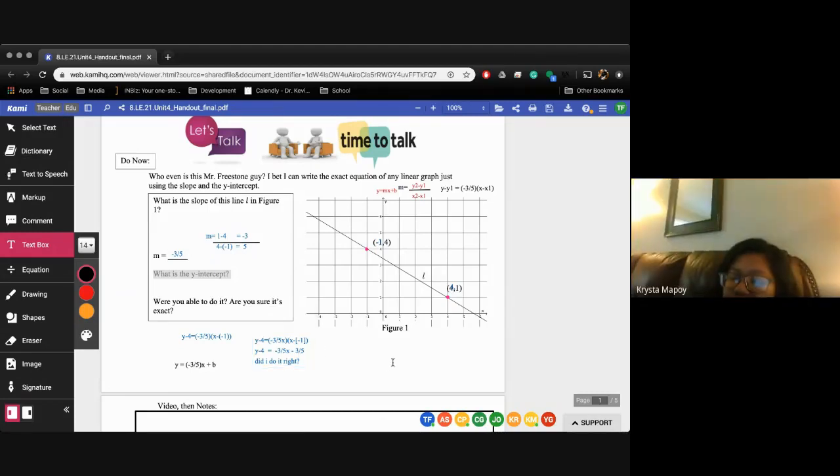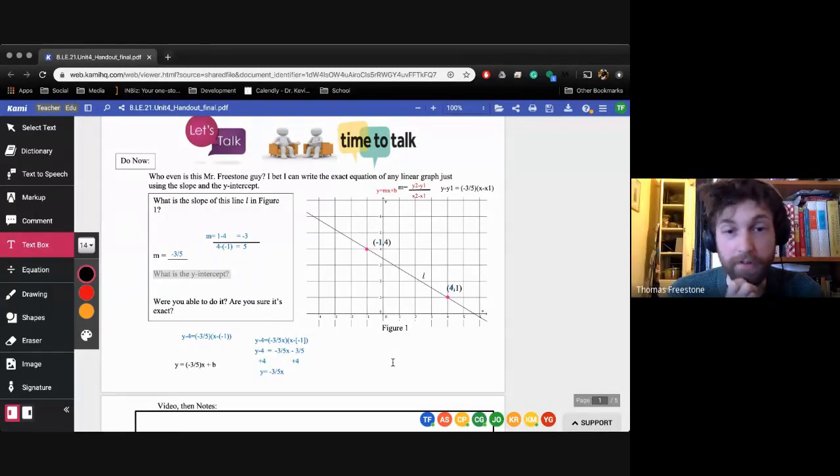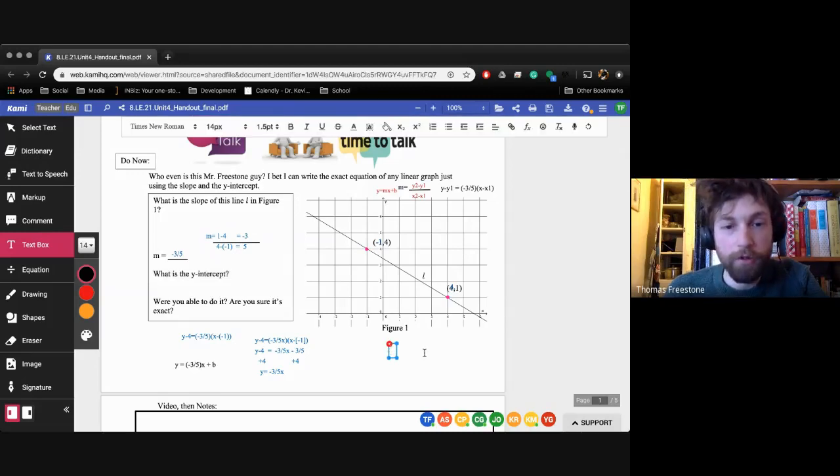Someone already said it in the chat before, but how are we going to move or get that y by itself? Perfect. Yep, exactly. So now you can use a calculator for this, unless, does everyone remember how to add fractions? So if I've got negative 3/5, and I've got plus 4, there's a problem with adding these together. You guys remember why this is difficult to add together?